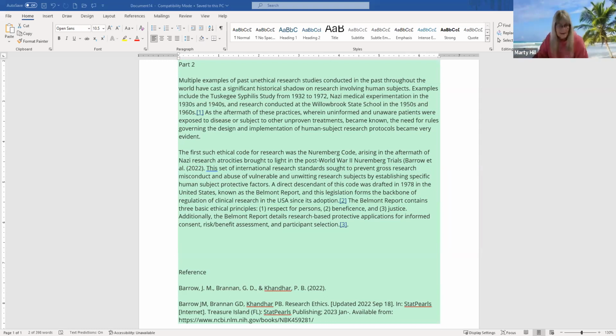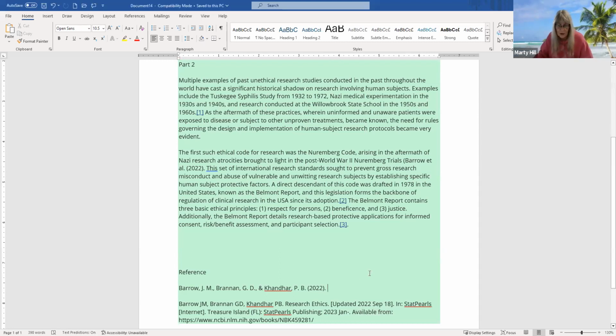But it's a book available on the internet. This is a chapter from the book. It's not giving me the page numbers. So, let's try to keep this simple.